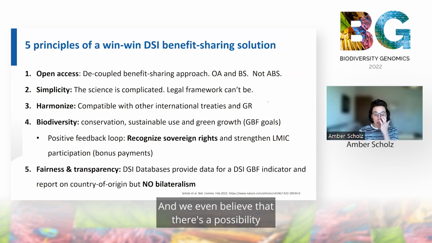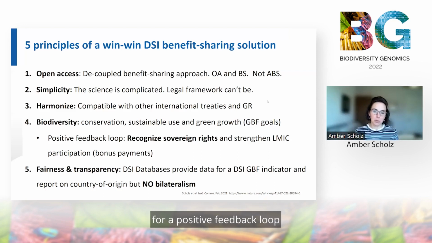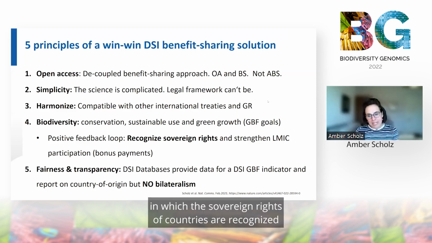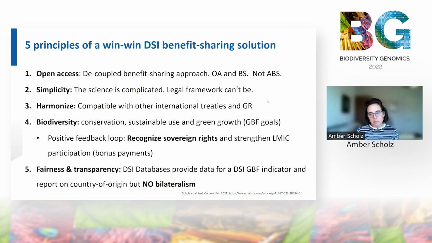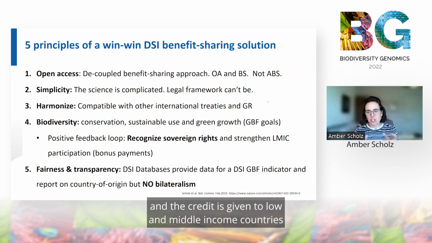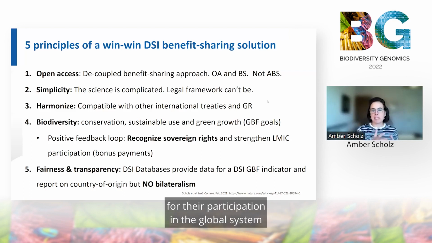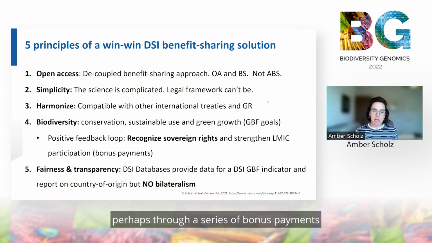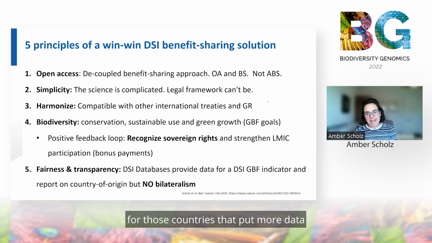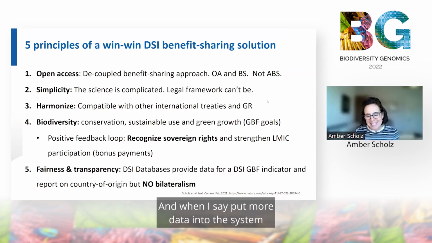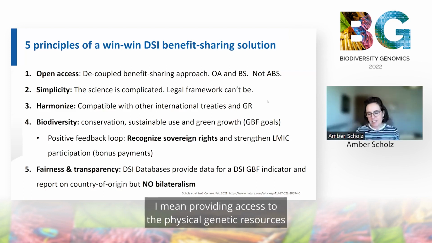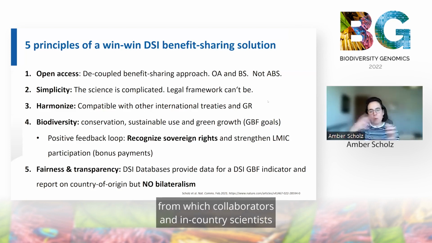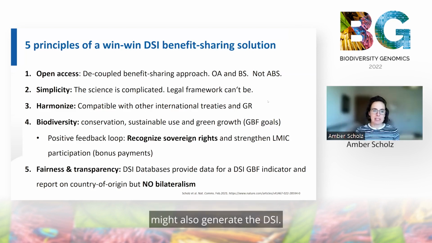And we even believe that there's a possibility for a positive feedback loop in which the sovereign rights of countries are recognized and the credit is given to low and middle income countries for their participation in the global system, perhaps through a series of bonus payments for those countries that put more data into the system, then more comes out. And when I say put more data into the system, I mean providing access to the physical genetic resources from which collaborators and in-country scientists might also generate the DSI.